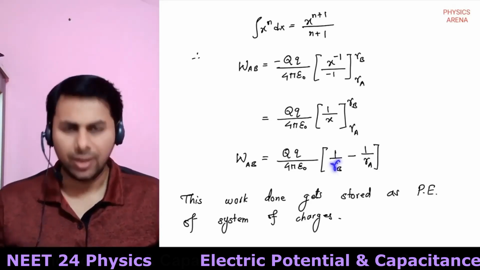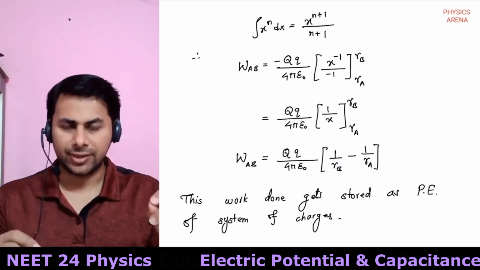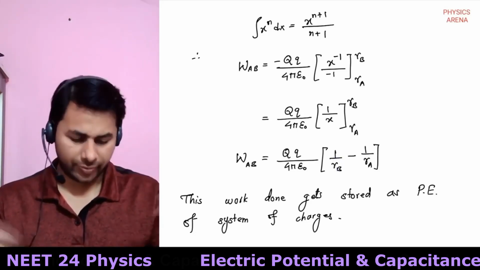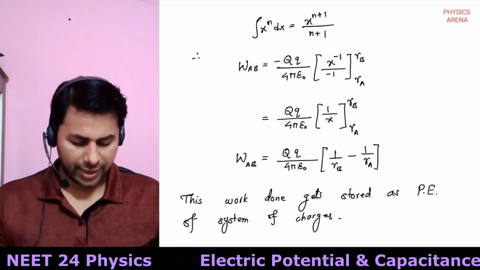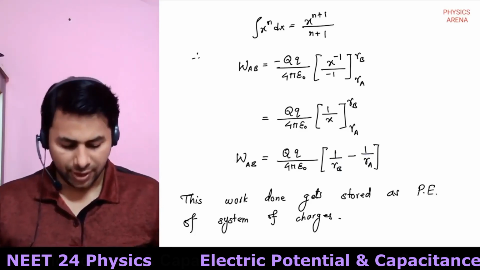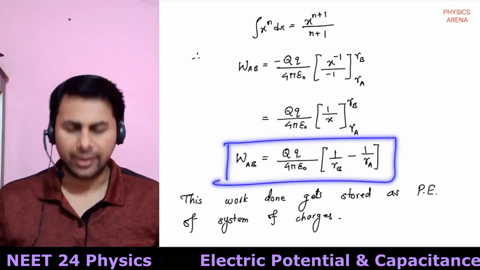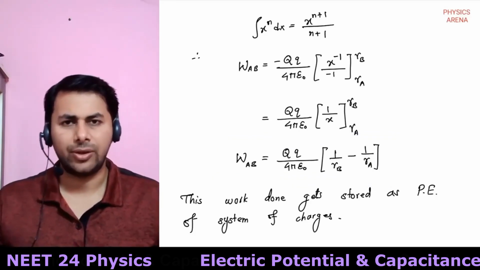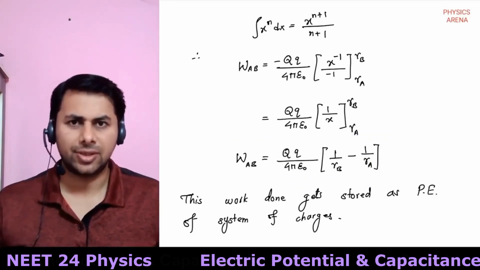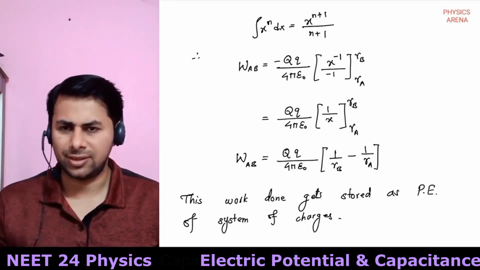RB is the final distance of charge small q from capital Q, and RA is the initial distance. So this is the work done, and this much is therefore the potential energy of this system of two charges. Is this thing clear?